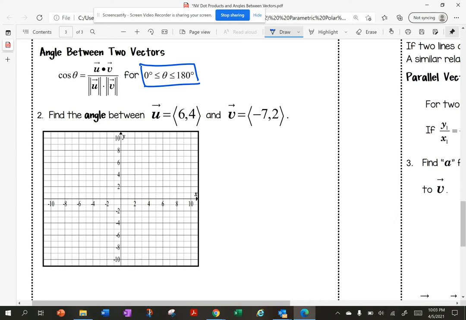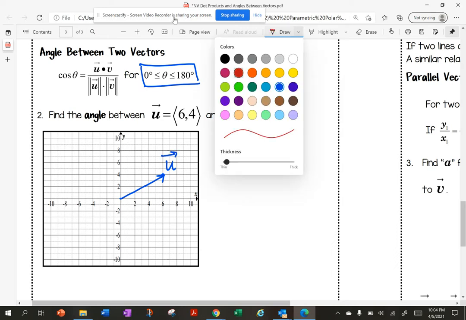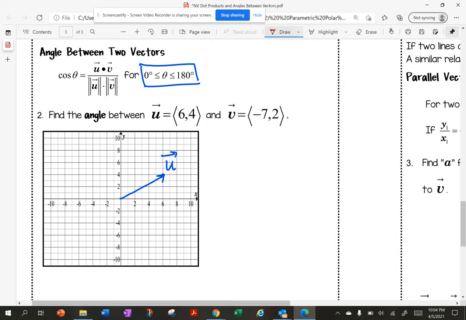Okay, so let's get a visual of what this looks like. So I'm going to plot both of my vectors. So my vector u is 6, 4, and this is vector u, and vector v is at -7, 2.